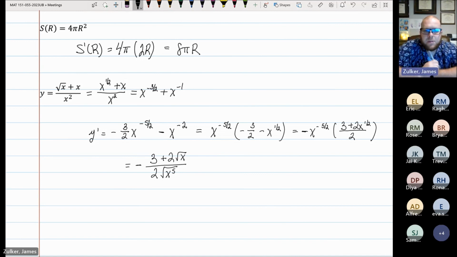And so we have negative 3 plus 2 root x all over 2 root x to the 5th, which we can also rewrite, if we wanted to, as 2x squared times the square root of x.